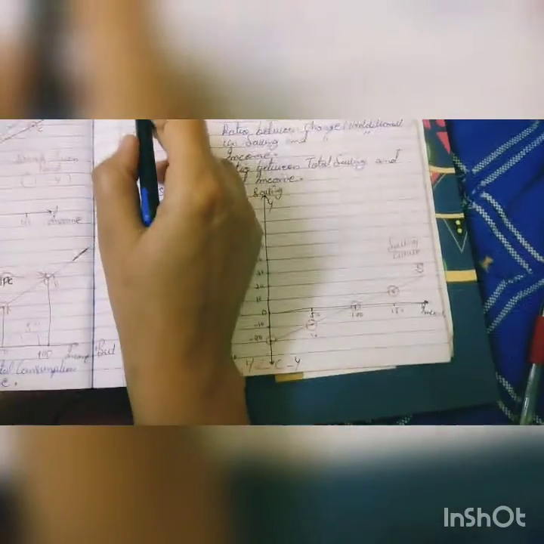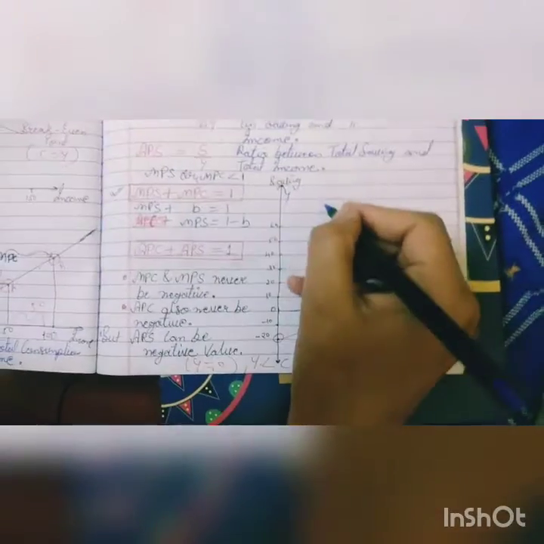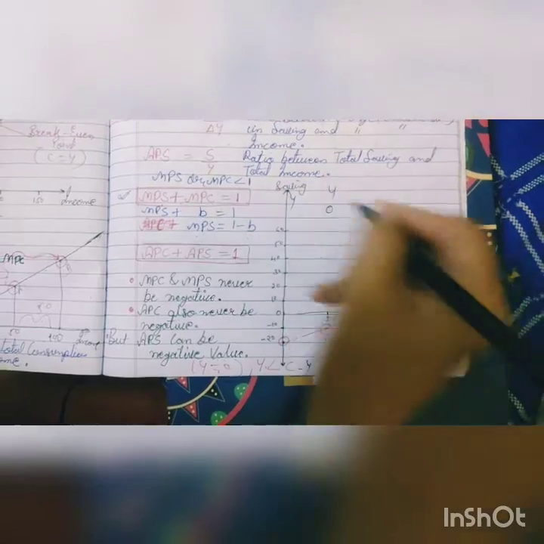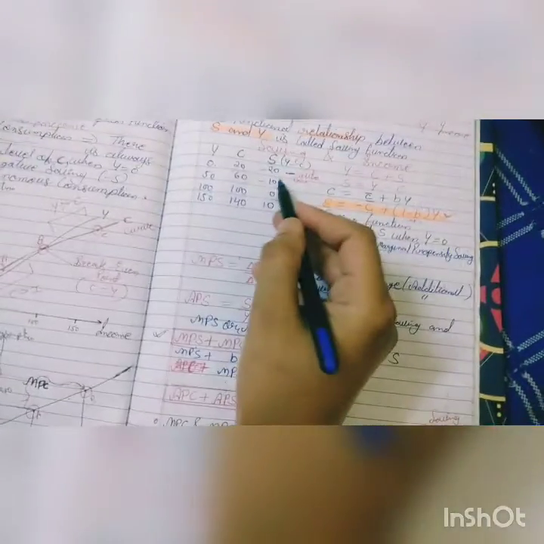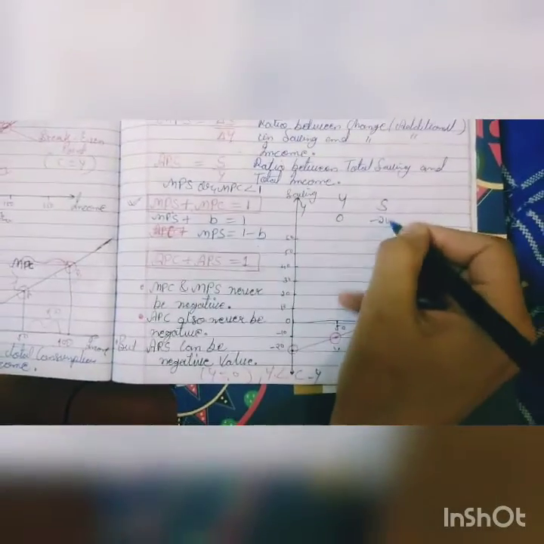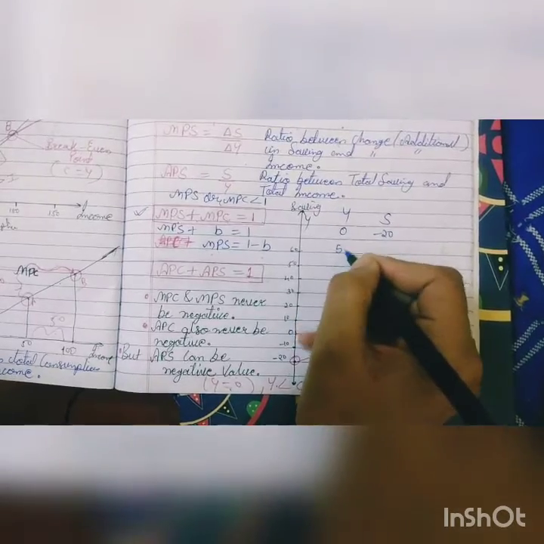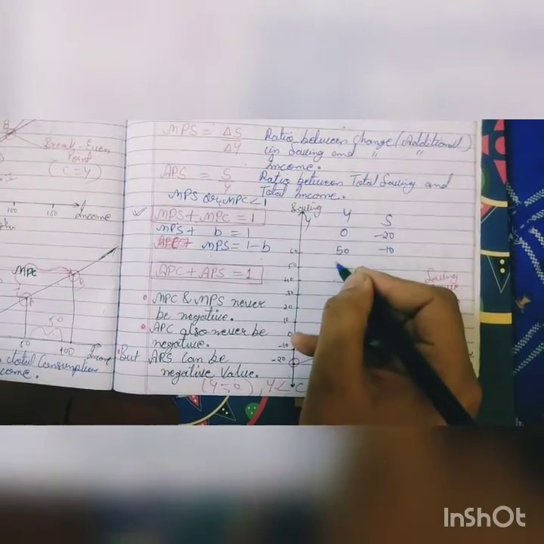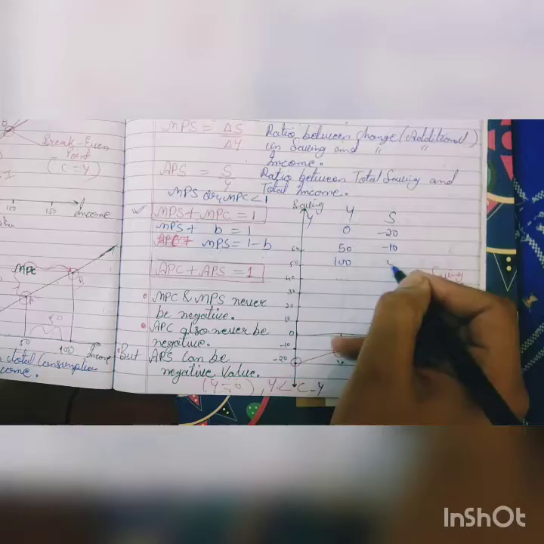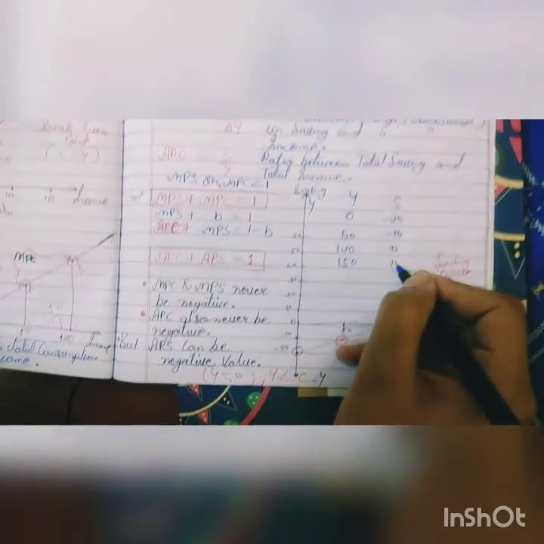At the first point, when income is 0, the saving is minus 20. Income 50, saving minus 10. Income 100, saving 0. Income 150, saving 10, right?